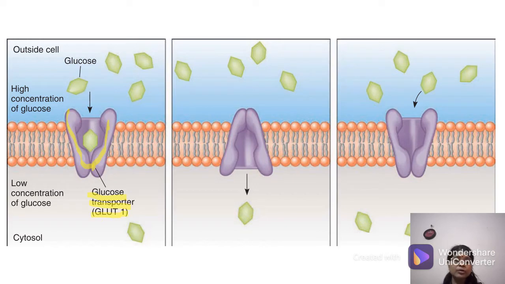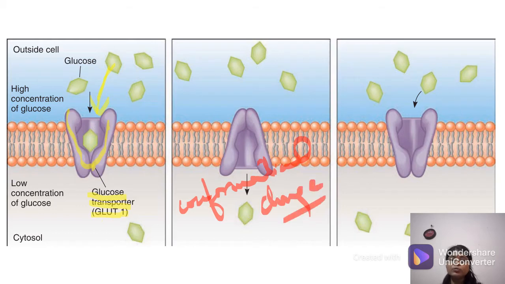So you can see that this glucose transporter is transporting glucose. As the glucose molecule binds, it brings about a conformational change in this molecule. The shape of the molecule changes, as you can see from here to here, and it releases the glucose into the inner side.